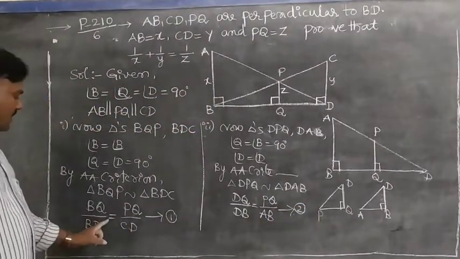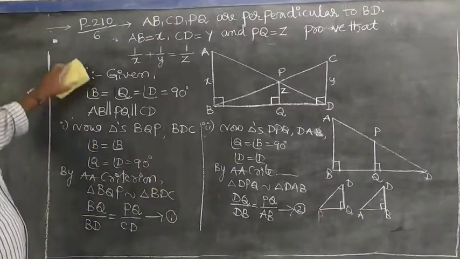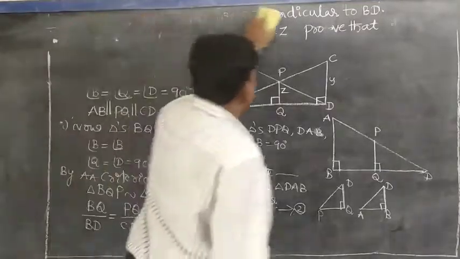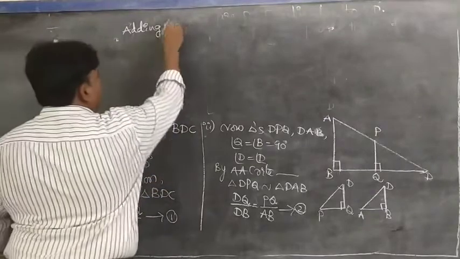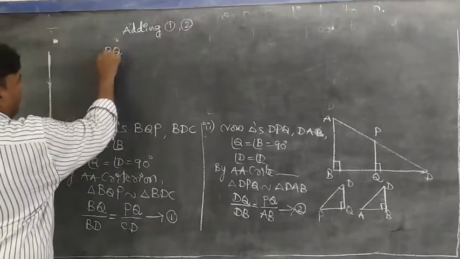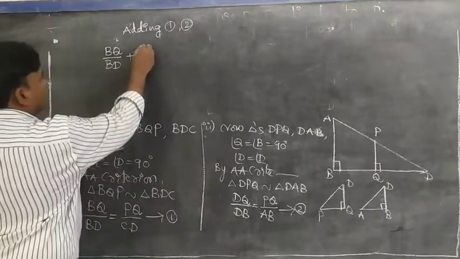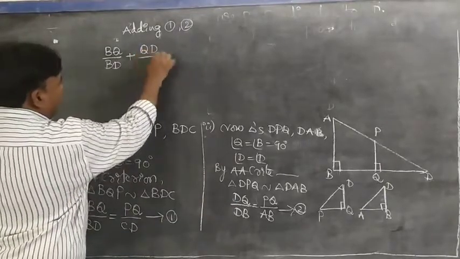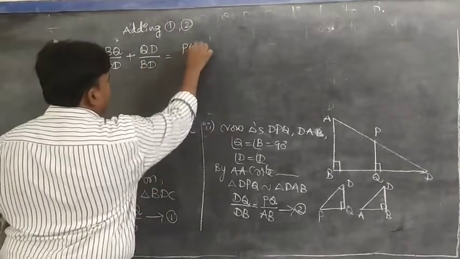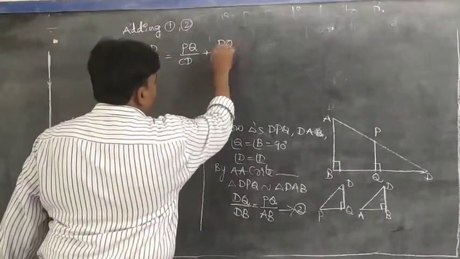So observe 1 and 2. By adding equation 1 and equation 2, we can get the result. Then on the left side, BQ by BD plus QD by BD equals, on the right side, PQ by CD plus PQ by AB.